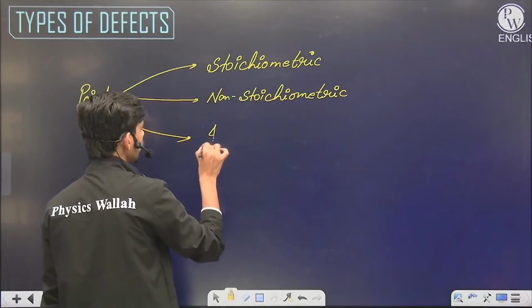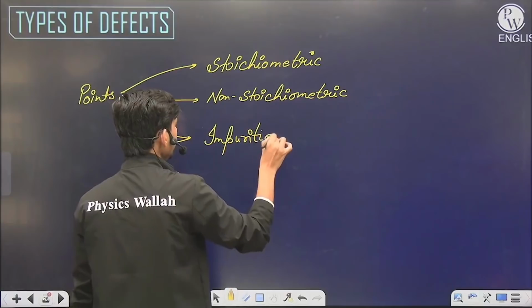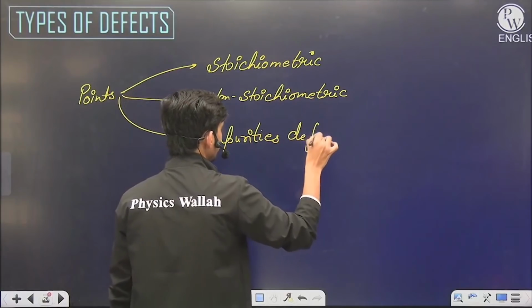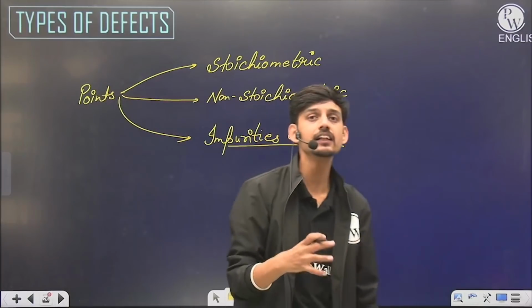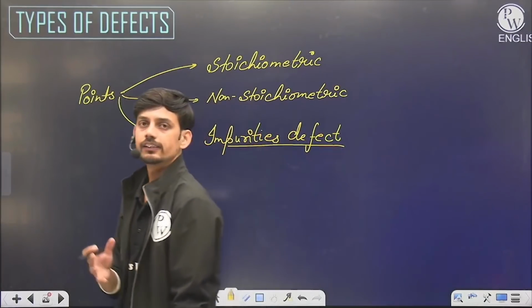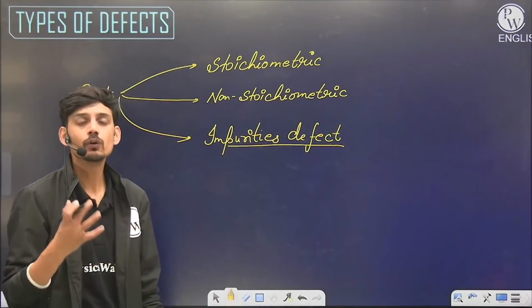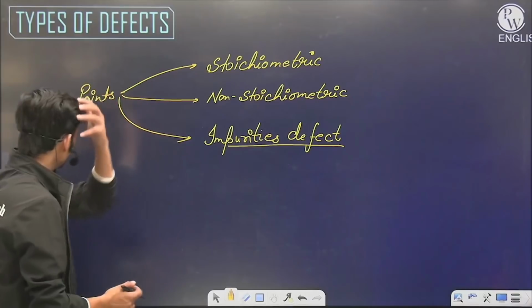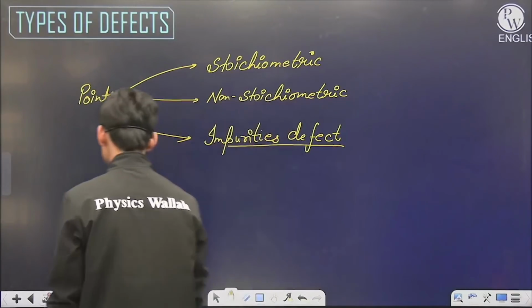And the third is called impurity defect, the defect which is due to doping or presence of some external ions or particles. If some foreign particles are present, then those defects will be called impurity defects. Now we will be studying all these defects one by one.